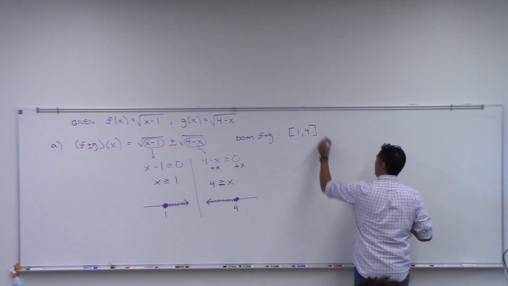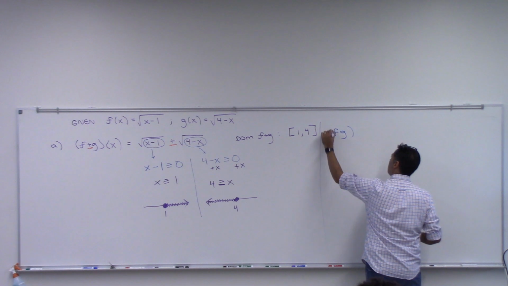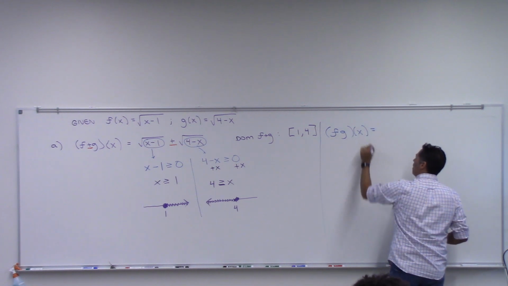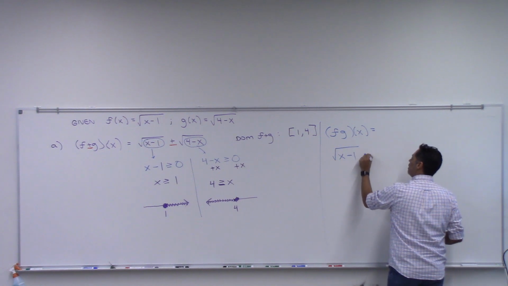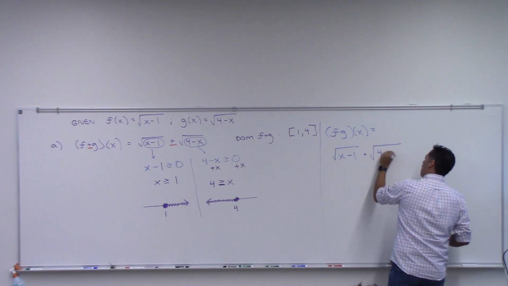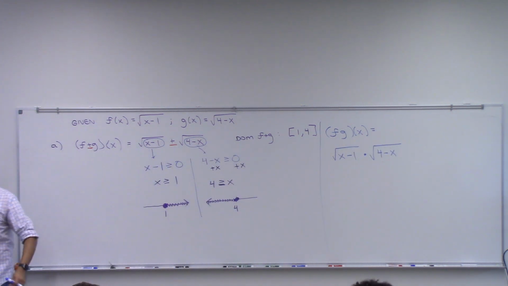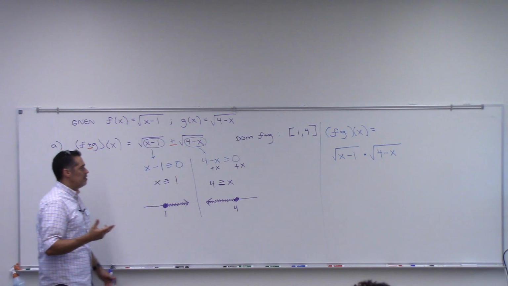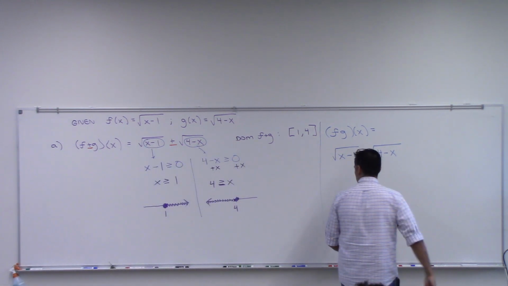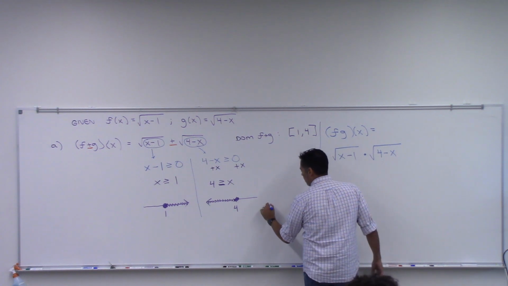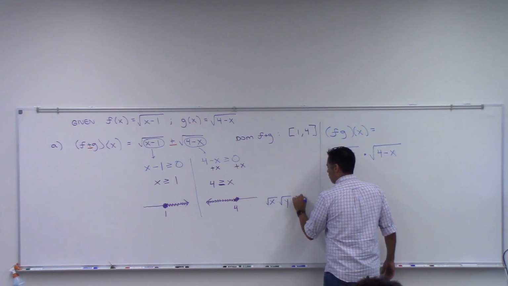All right, for that one, I'm going to do it over here. So if we do fg of x, we're going to take the two functions and multiply them, right? Multiplication is different than addition and subtraction. There you don't have to have radicals to put these together. And we have a property from earlier in this class, that if you have the root of x times the root of y, you can do the root of xy.